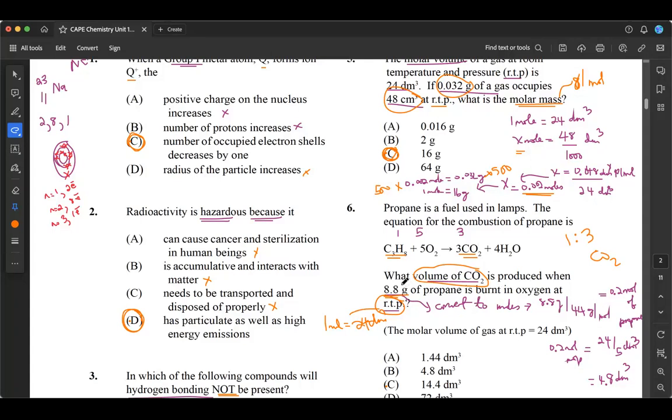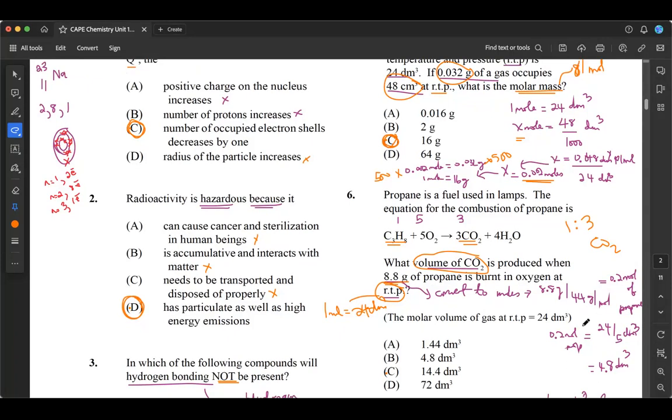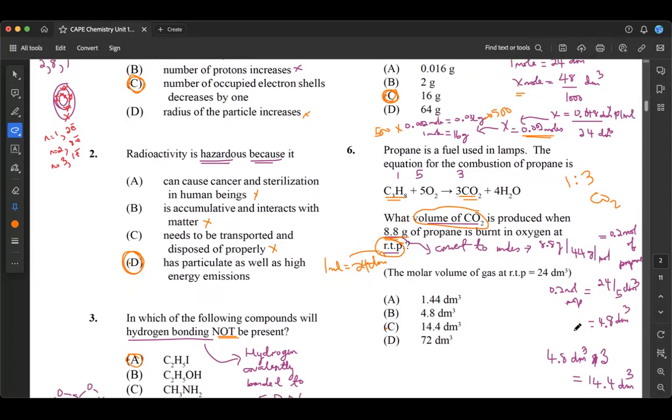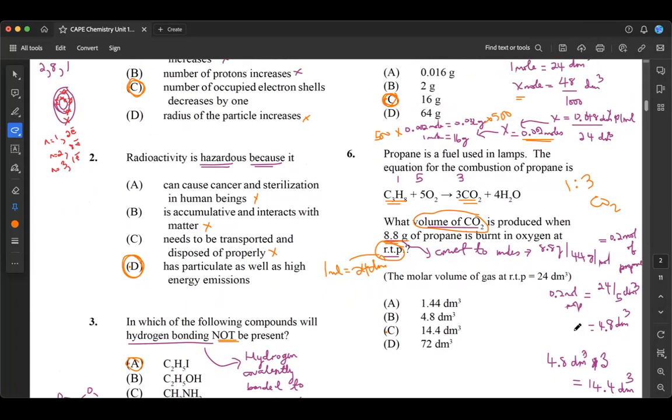So what we have to do is convert this 8.8 grams to moles. And so we do 8.8 grams divided by the molar mass of propane.